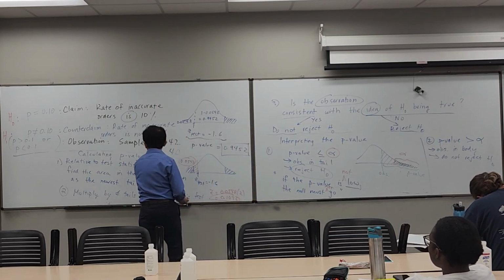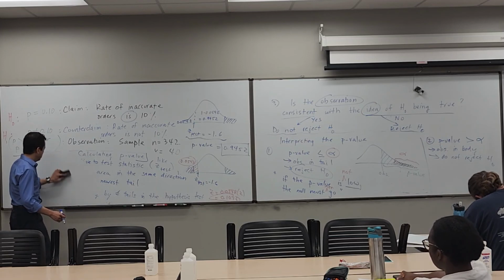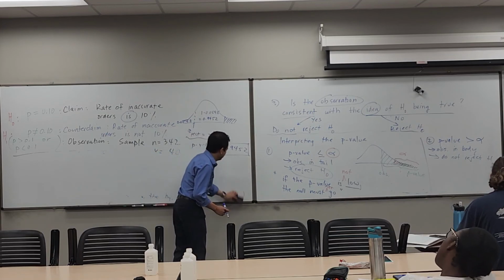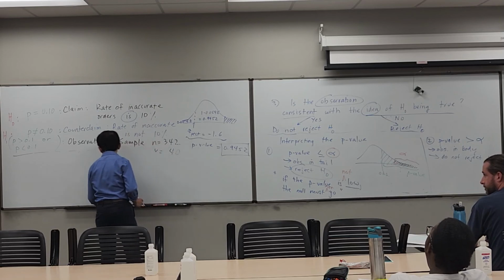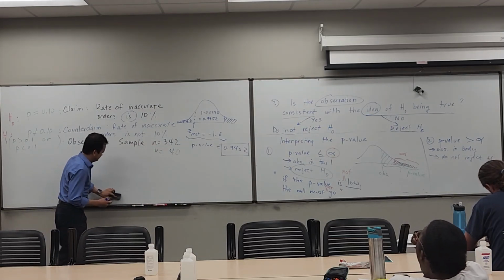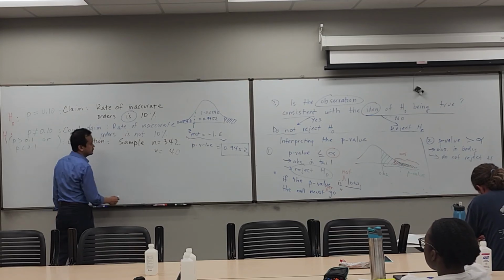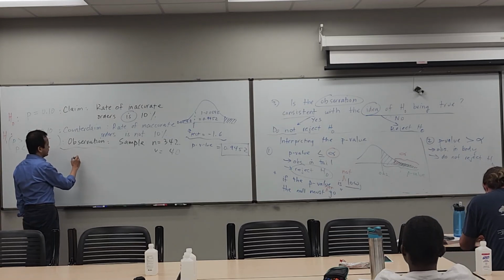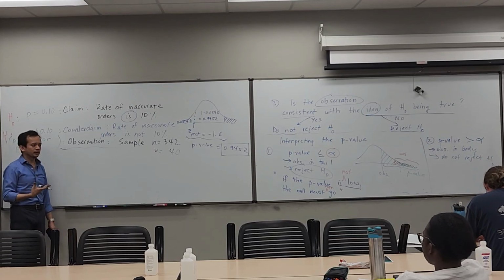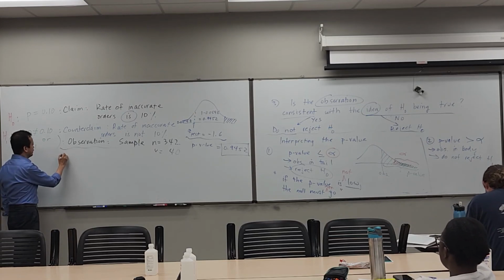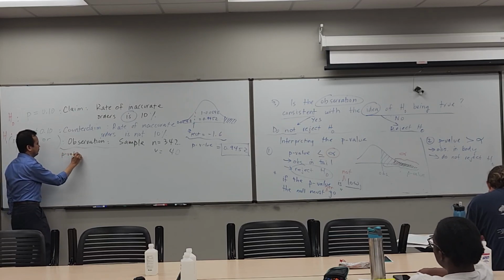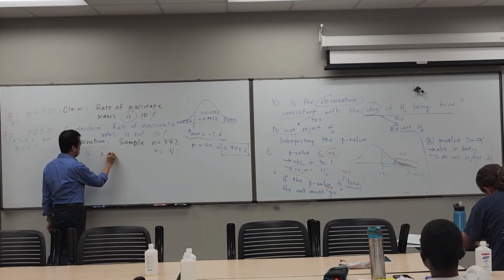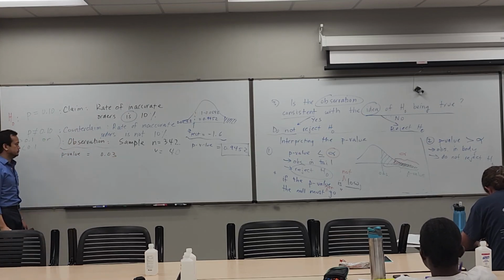So let's look at an example. Let's say you're reading a scientific journal and the researchers give you a p-value at the end that they've already calculated, and let's say the p-value is 0.03.